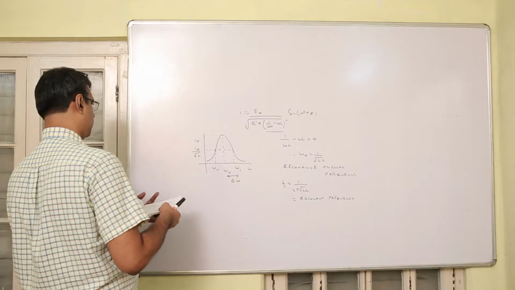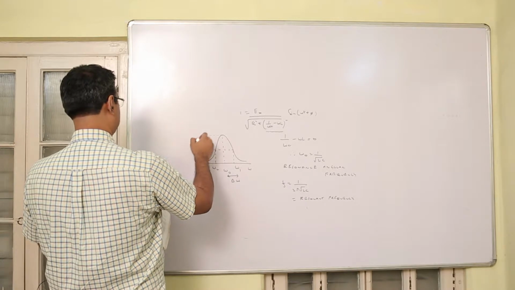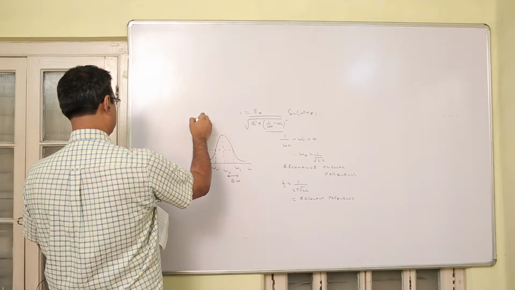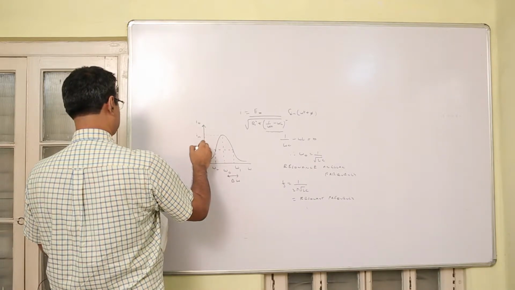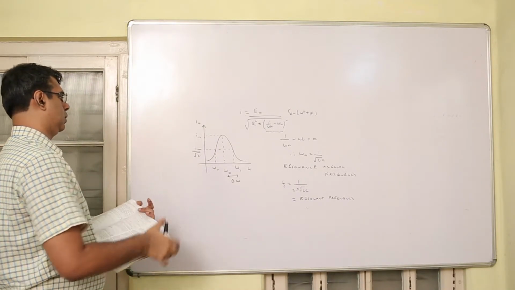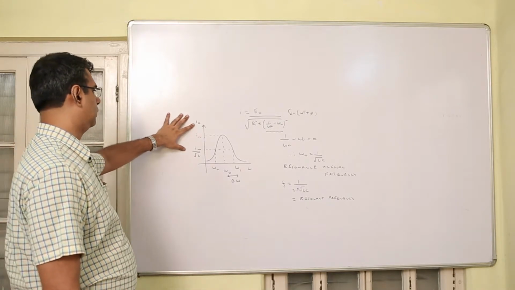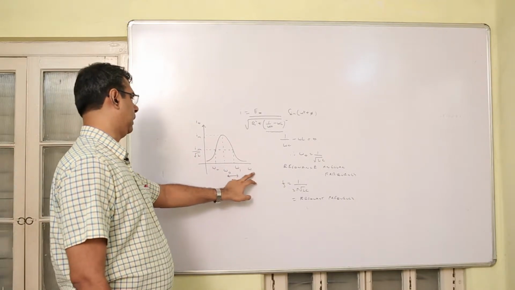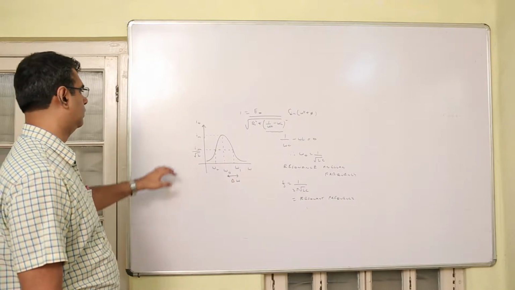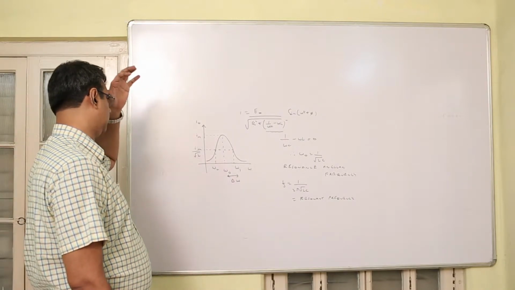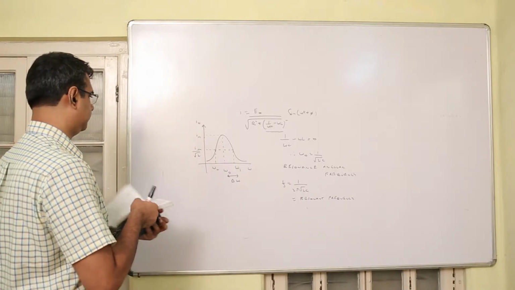In fact it's probably better if we call this as Im and this as Im by root 2. So you can see that this is the graph of I0 versus omega, and Im is the maximum value of I0, and this is Im by root 2.